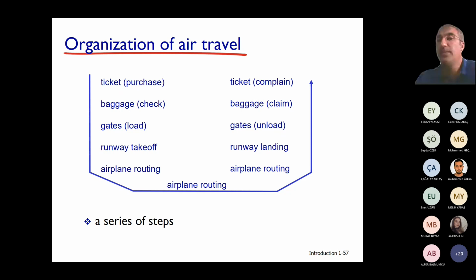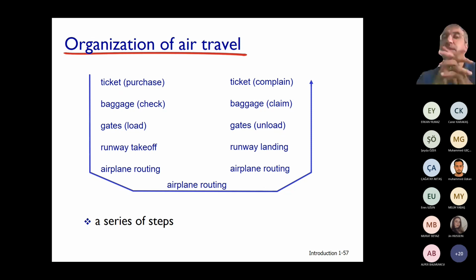Before I answer the question, let me give you an example. That was a question about the network, and we have a similar kind of large organization in different areas, such as air travel. Air travel is also a complex organization to manage, right?